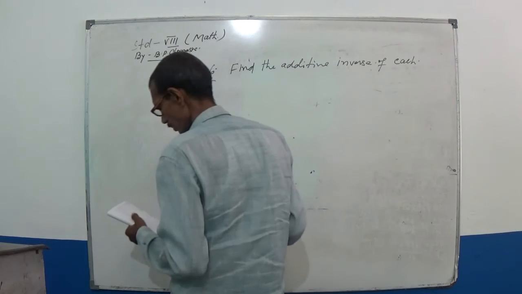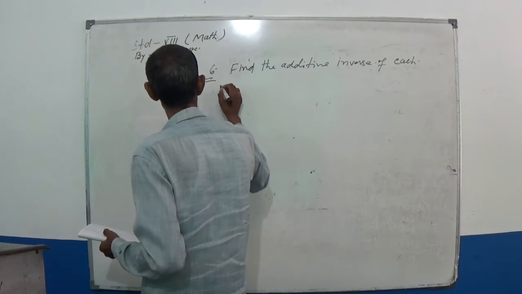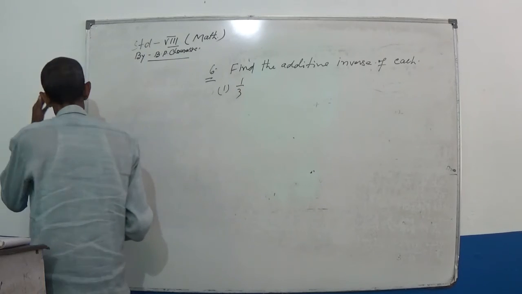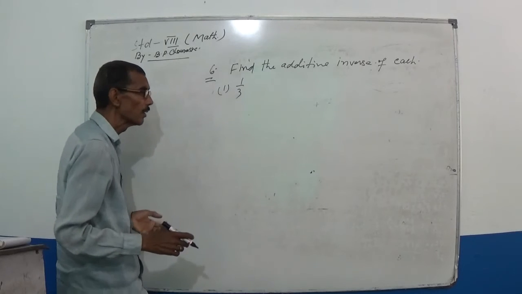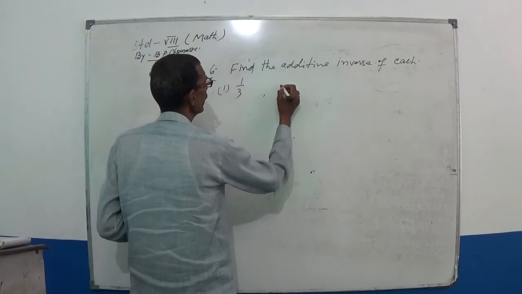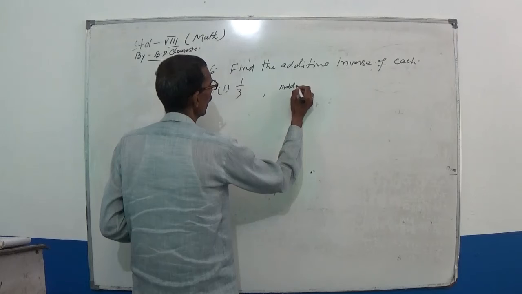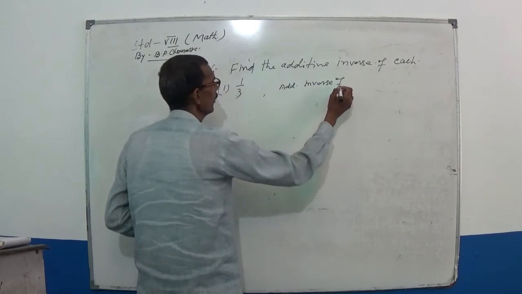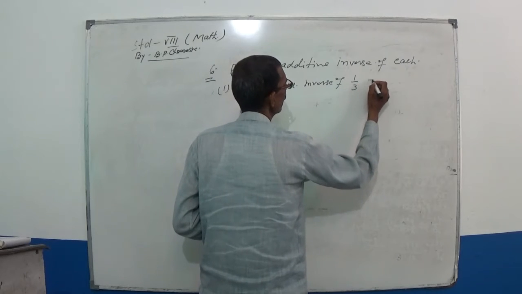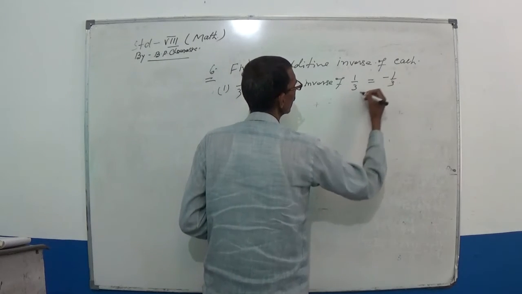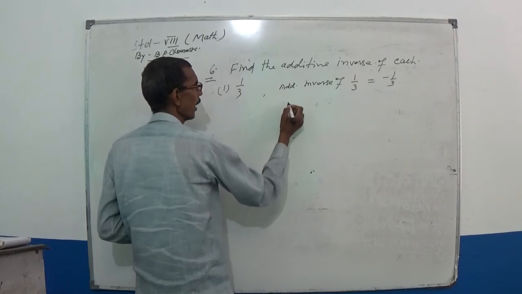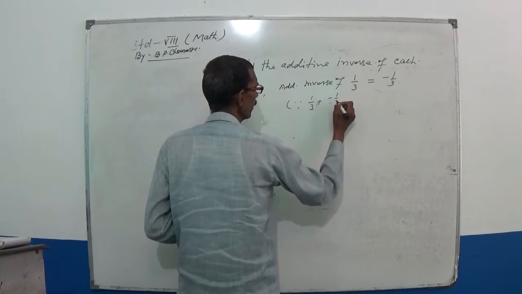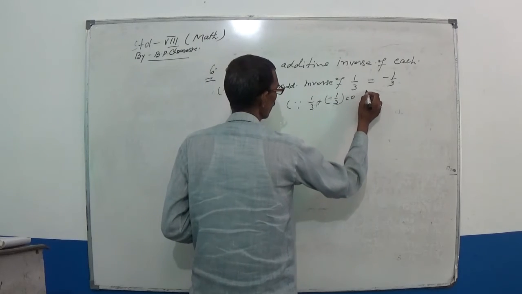First, 1/3. Clearly, the additive inverse of 1/3 is equal to -1/3. Remark this: since 1/3 plus -1/3 is equal to 0.